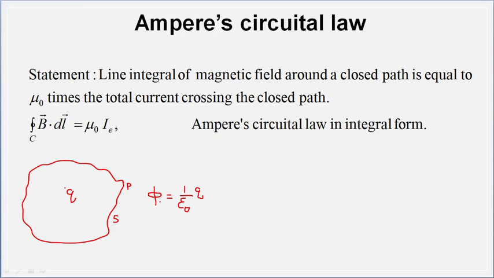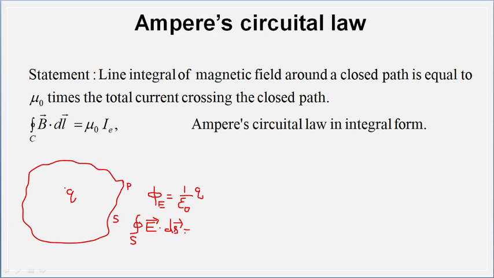Now this is the electric flux. Electric flux is nothing but electric field times the area, here the surface area of this closed surface. And if the surface is not uniform, then we take the integral. It is a closed surface integral of electric field dot element area.